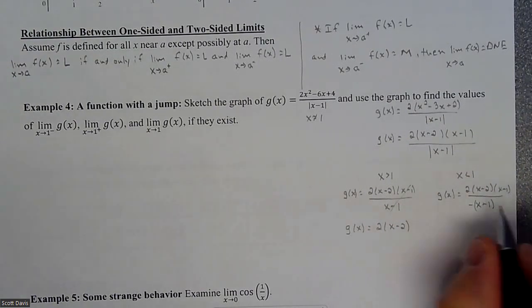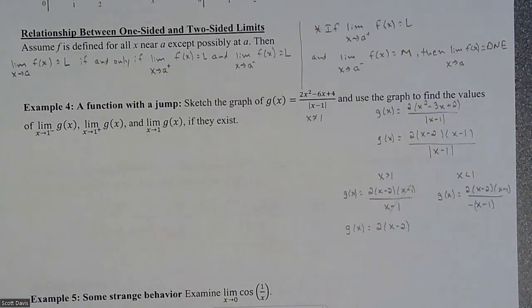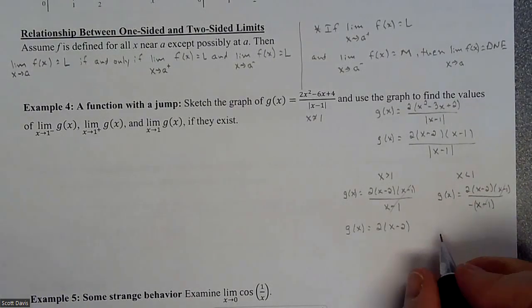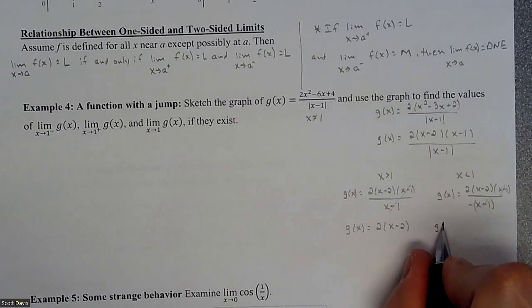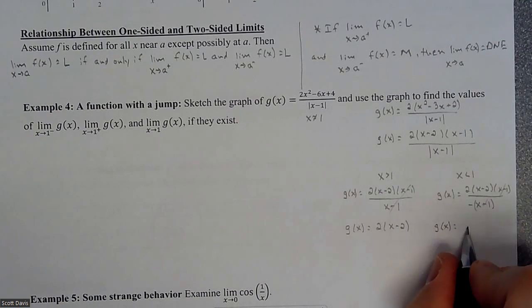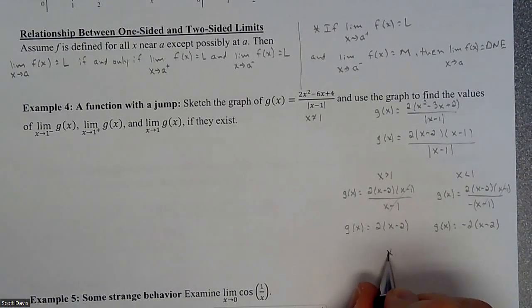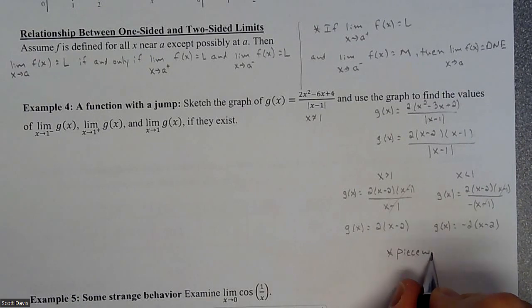And so then another negative would cancel it out. So the x minus 1 still cancels, but we now have a negative that we can apply. So this piece is going to look like -2 times x minus 2. So what we have going on is a piecewise.